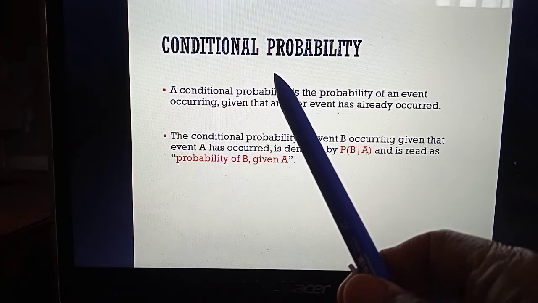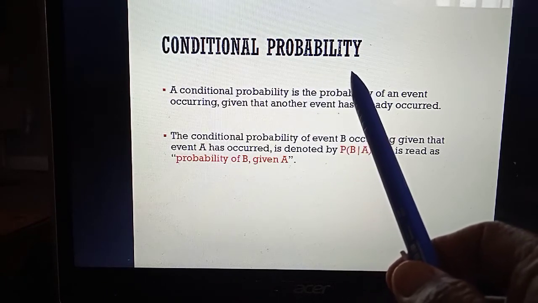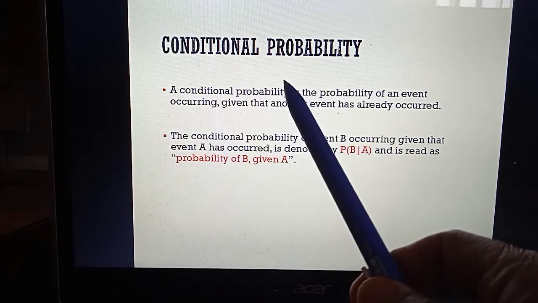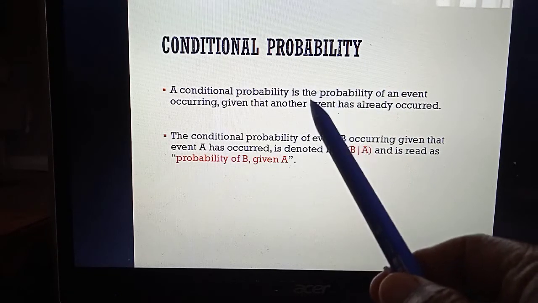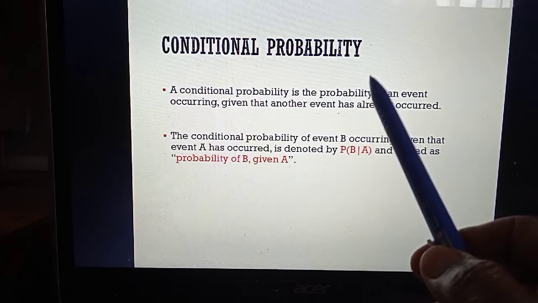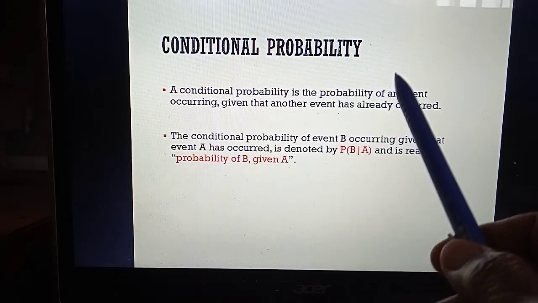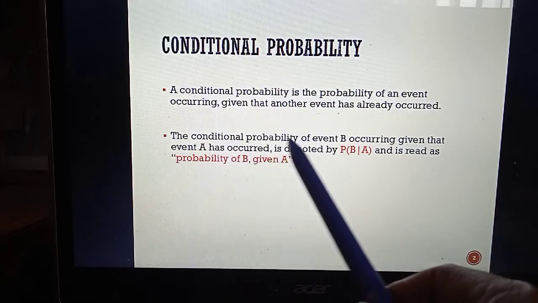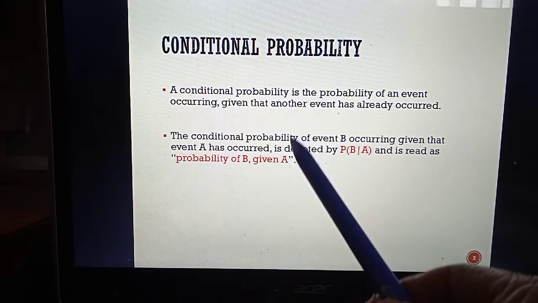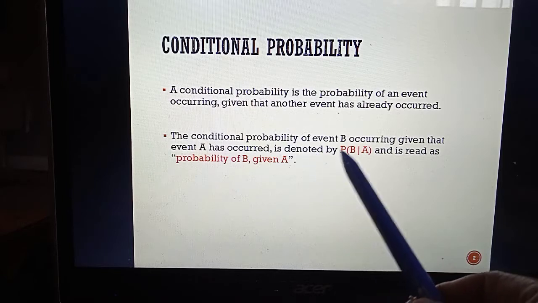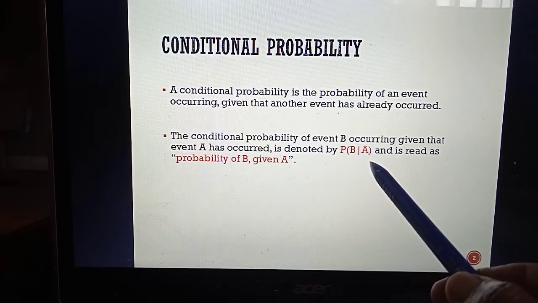For the definition, a conditional probability is the probability of an event occurring when another event has already occurred. So given that one event has already occurred, the following will be another event, and we ask what the probability of that event is. The conditional probability of event B occurring given that event A has occurred is denoted by P(B|A).